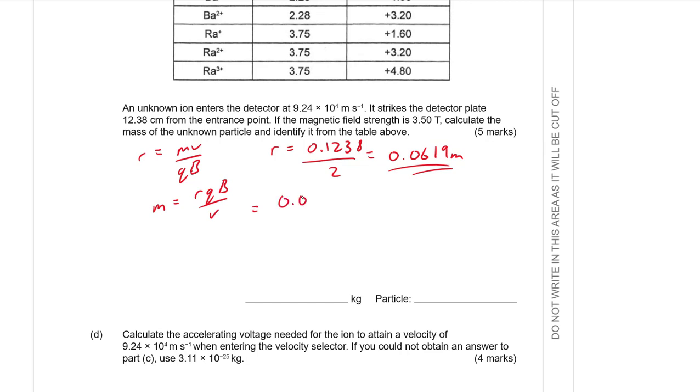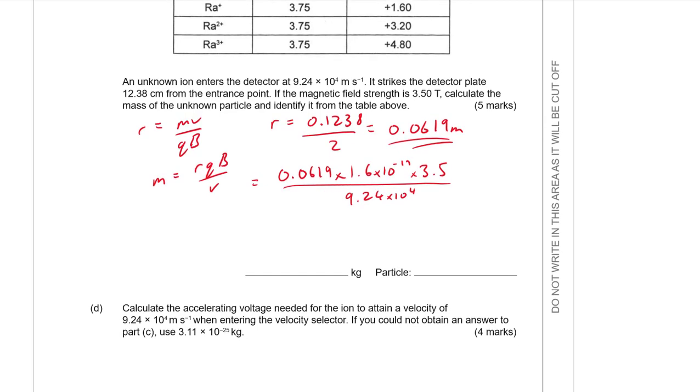So r is 0.0619. I'm going to put q as just the one positive charge. And if I don't get a value that is consistent with anything in the table, then I'll double that number and even triple it just to see if I get any hits. So at the moment, I'm making the assumption that the ion is a single positively charged ion.